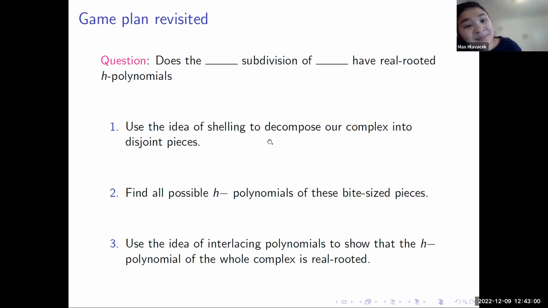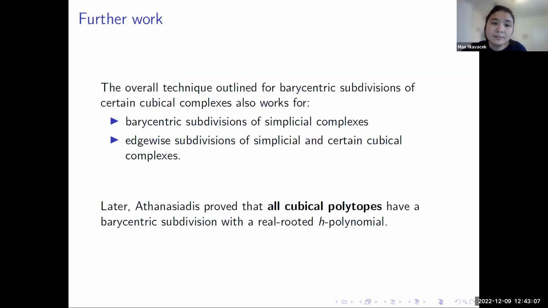And we were able to have a few other positive results here. The technique outlined on the previous slide also works if you take barycentric subdivisions of simplicial complexes with h-polynomial having positive coefficients. Again, this is exactly what Brenti and Welker proved in 2008, this first bullet point, but this is a different methodology than what they did. We just wanted to see if our methodology could recover their results.